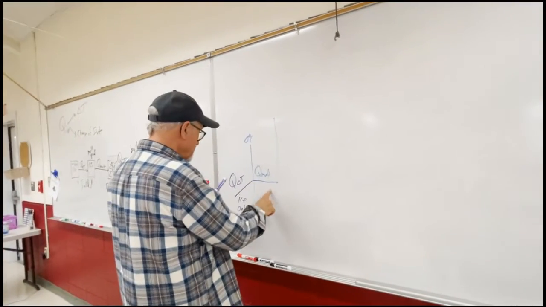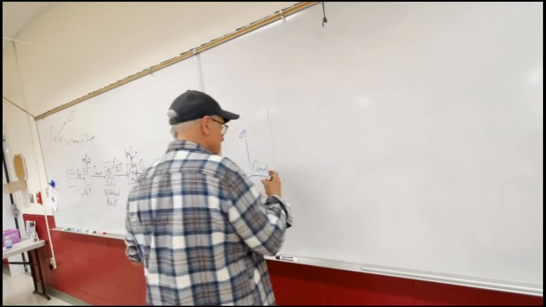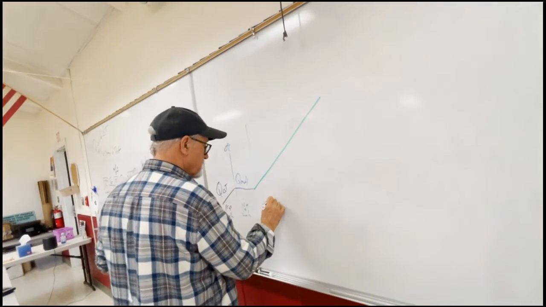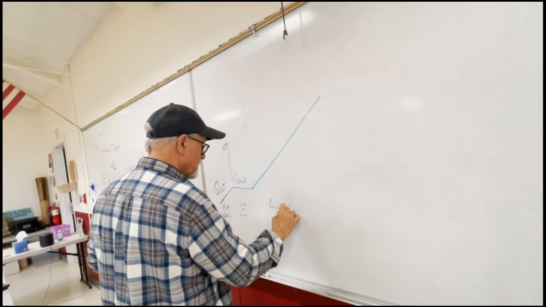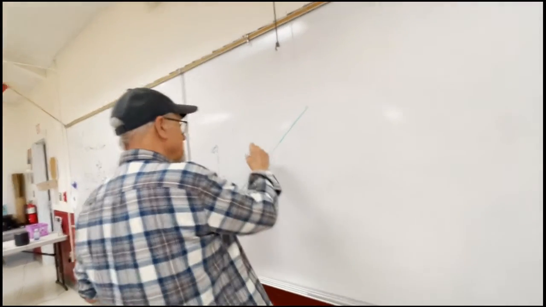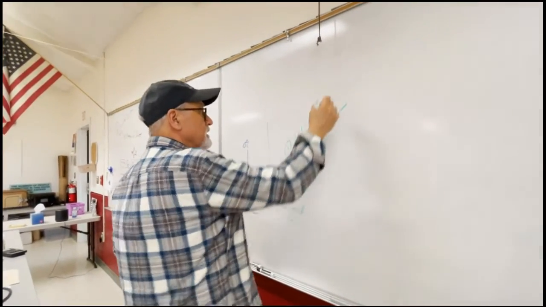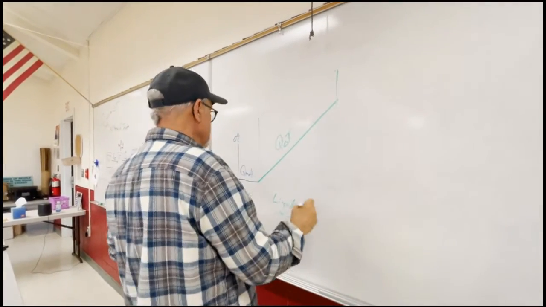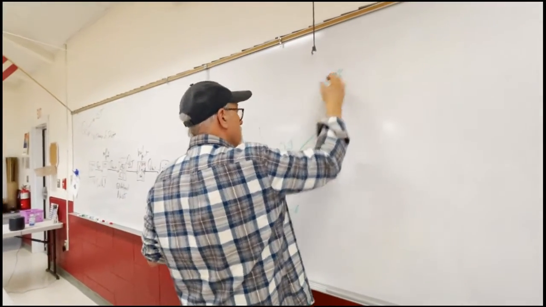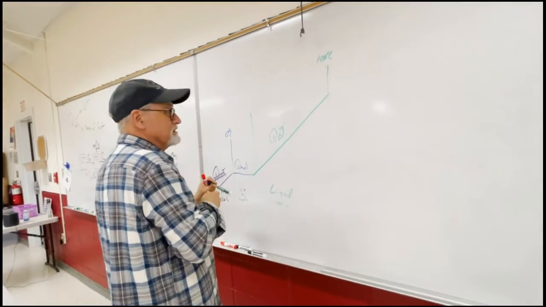Then, when all the ice is melted, the temperature starts to go up. Here, all the heat that's going in is changing the temperature, until you get to 100 degrees Celsius. At 100 degrees Celsius, you're starting to boil.